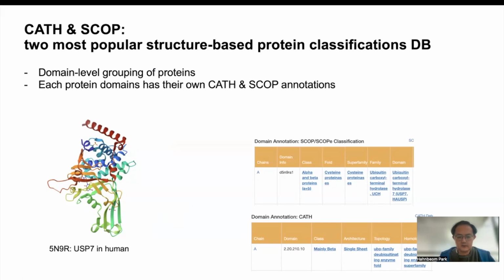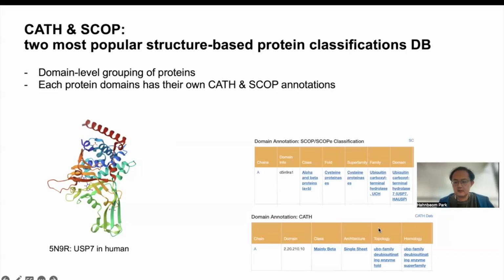For example, for the protein we looked at, USP7, you can easily get the SCOP classification. Here it says it's an alpha and beta protein at the class level, and at the fold or superfamily level, it belongs to cysteine proteinase. If you go to the CATH definition, it's defined as mainly beta, with a single sheet architecture, and it belongs to the ubiquitin family, deubiquitination enzyme superfamily.